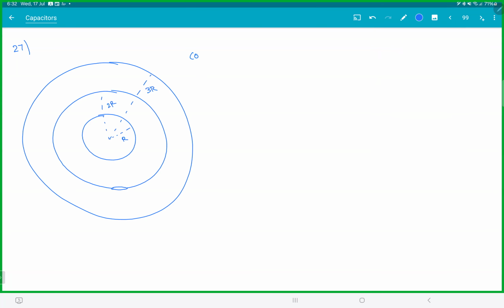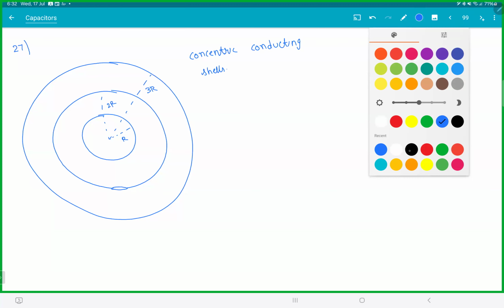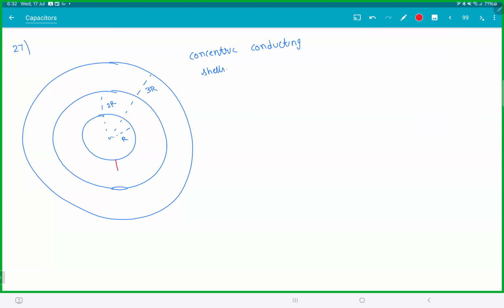Concentric conducting shells. You connected the battery between the inside and outside and voltage is V. And here we have a switch and the center one is ready to be grounded. So find the charge distribution before and after closing the switch.